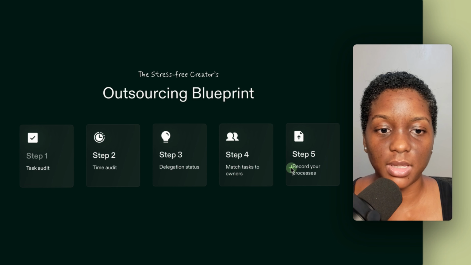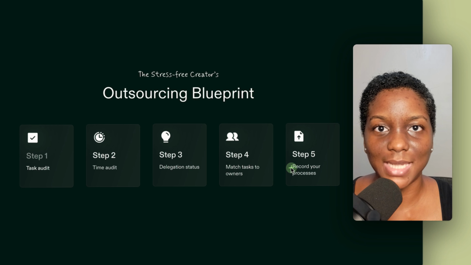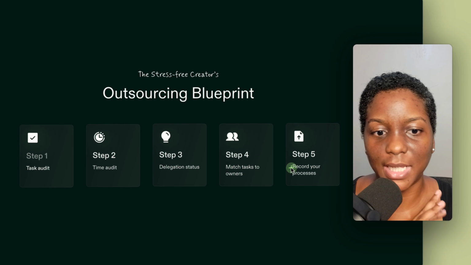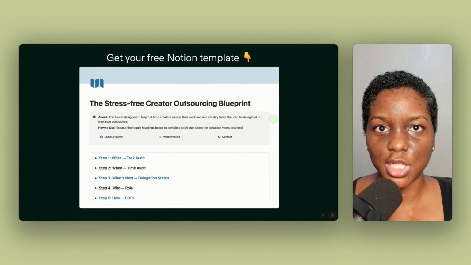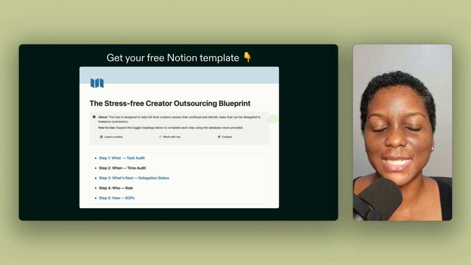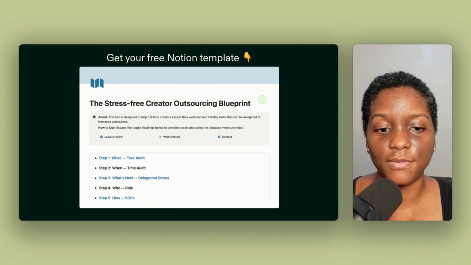And step 5 is to document everything so your team can actually execute your vision without needing constant back and forth. I have created an easy to use hand-free Notion template that you can grab at the link in the description of this video.